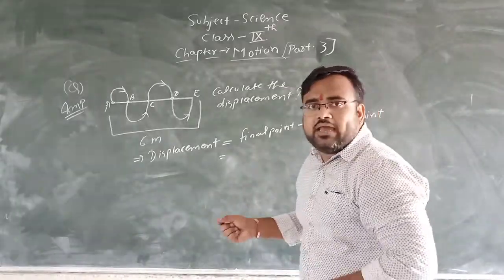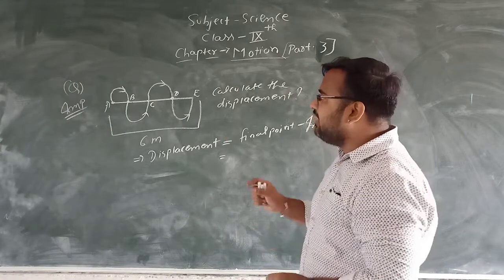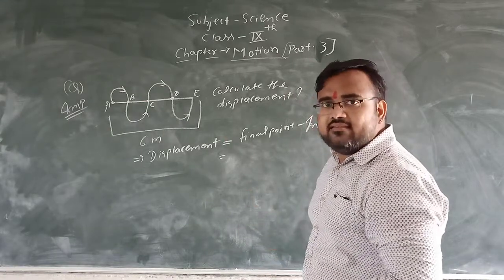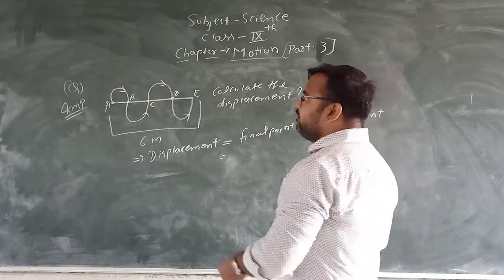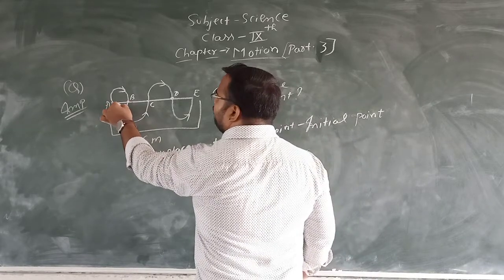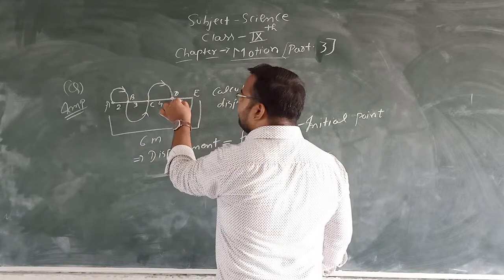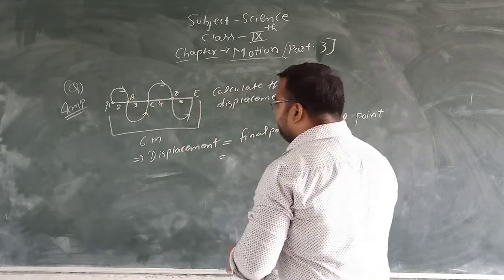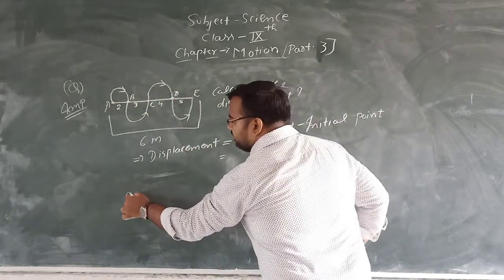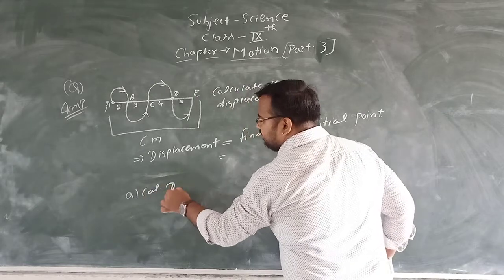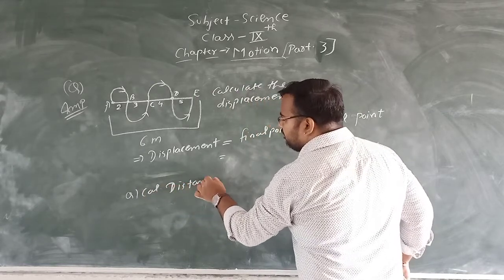Now if I have to calculate the distance, then for example A to B is 2 meters, then 3 meters, 4 meters and 5 meters. One more question: calculate distance also.